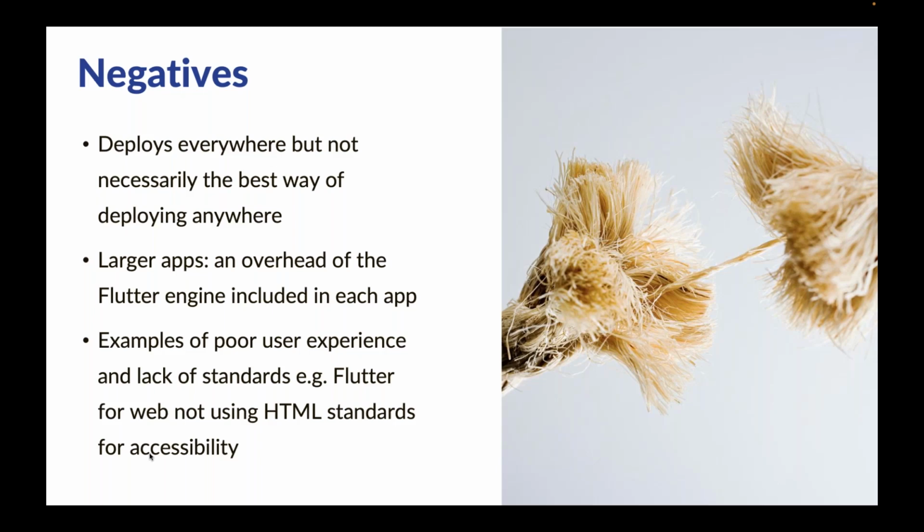It gives you a bit of an overhead in terms of size. So if you're downloading the app, there's going to be a bit of an overhead in terms of size for each app you deploy. There's also going to be a bit of a performance overhead, because there's a bit of performance going towards actually running that Flutter engine and running that embedder within each app.